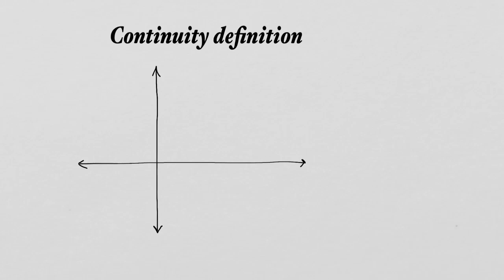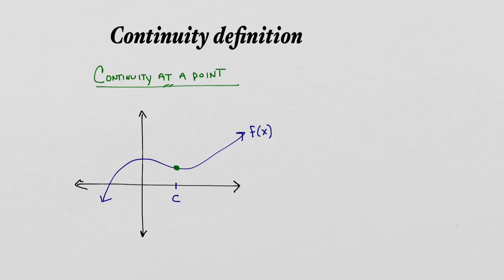Up until this point, our definition of continuity for a function has been that if we can draw the function without picking up a pen, it is continuous. But we're going to make this a little bit more formal. So let's look at this graph of f of x and explore the idea of what it means for the function to be continuous at this point when x is equal to c.